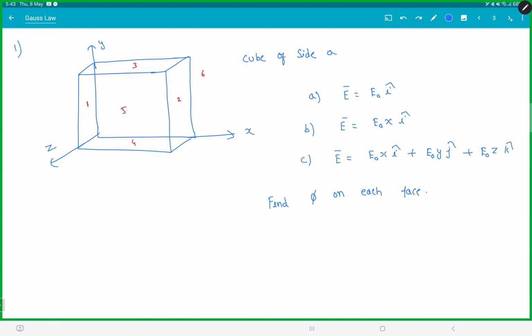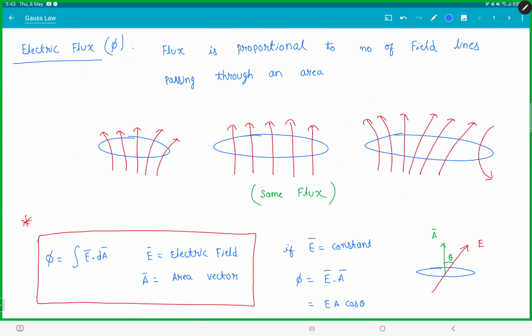Let's start with the first one. Easy stuff. The first one is easy. Try, give it a minute, and then I'll show you. Then you can do the second and third. Again, remember, the only formula I taught you is integral E dot dA. That's it.